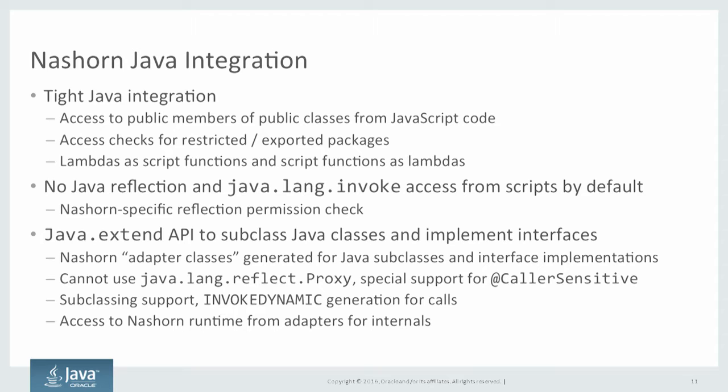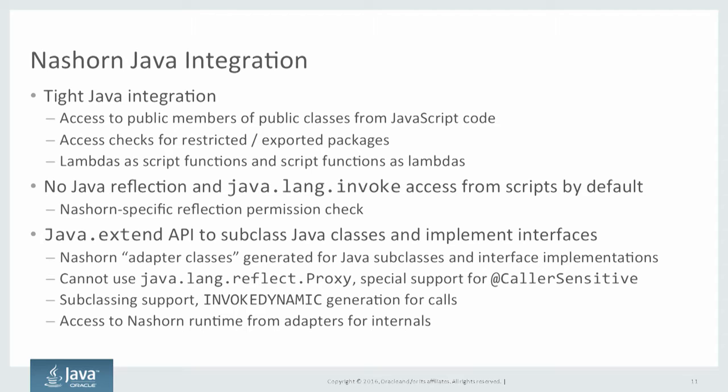Java.extend allows you to subclass and implement Java classes and interfaces in JavaScript. What happens under the hood here is that Nashorn creates so-called adapter classes so that JavaScript objects can pose as objects responding to the implemented Java interface or the extended Java class's API.